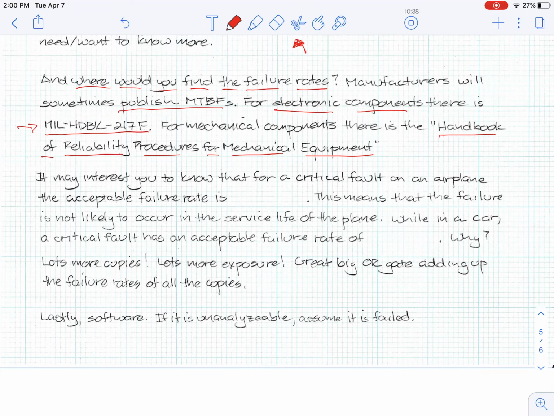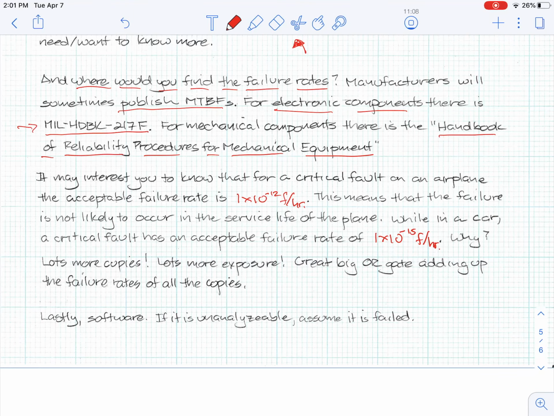I didn't get these failure rates filled in. I believe that the failure rate for critical faults in planes is 1 times 10 to the minus 12 failures per hour, while for cars it's 1 times 10 to the minus 15th failures per hour. And why is the acceptable failure rate for a critical fault in an airplane less strict than for a car?